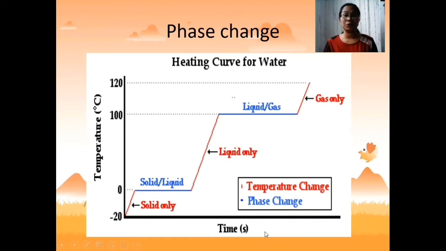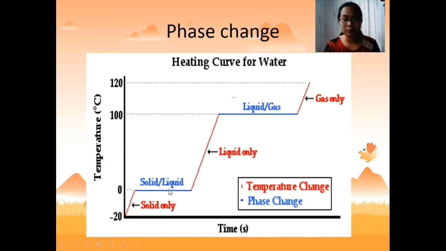Now I want you to look at the graph. You have here from negative 20 degrees Celsius to 0 degrees Celsius. The heat involved there is the sensible heat, wherein the temperature has changed from negative 20 to 0. So heat is absorbed by the system. But look at what happens at 0 degrees Celsius.